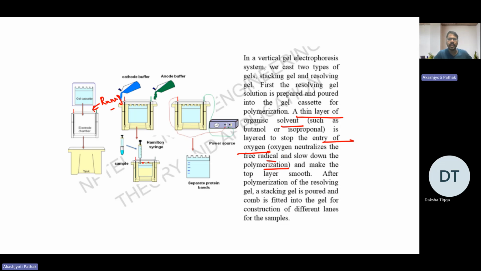When you are adding the resolving gel, the surface can have some curves, or it may not be straight. So to make this layer straight, you add the IPA as well, to make the top layer smooth. After polymerization of the resolving gel, a stacking gel is poured and the comb is fitted into the gel for construction of different lanes.